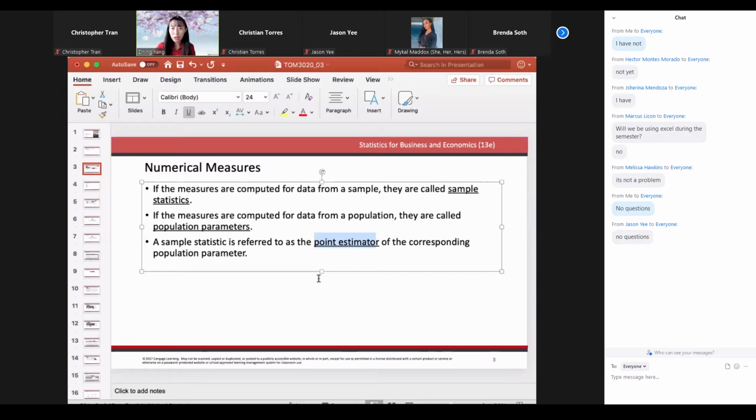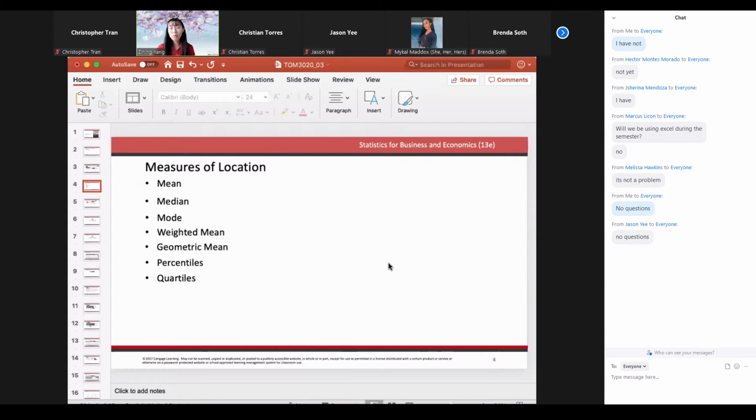So those are the concepts: sample statistic, population parameter versus point estimates. Now let's see what are the exact metrics we calculate. For measures of location, for the very first type of measures, we will talk about the mean, the median, the mode, the weighted mean.